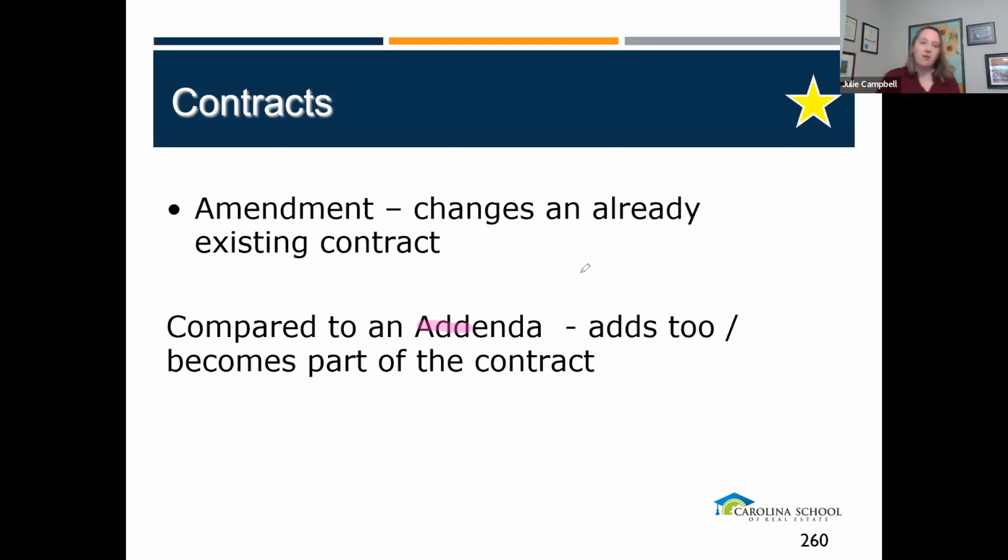An amendment changes an already existing agreement. An addenda adds to and becomes part of. Remember in unit 20, we looked at the lead-based paint hazard addenda. We added that form to the offer to purchase and contract. So an addenda adds, an amendment changes.